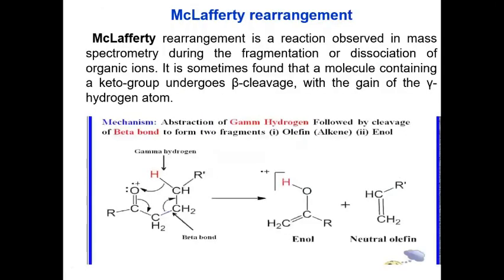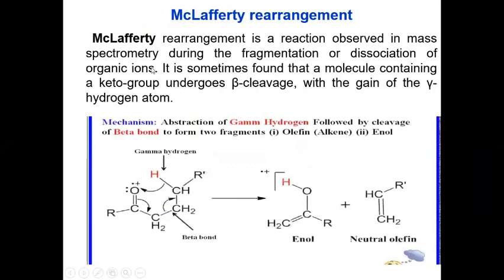Then, as I told, what is a McLafferty rearrangement? Here we will define it. Sometimes in mass spectrometry, during the fragmentation or dissociation of an organic ion, it is found that a molecule containing a keto group undergoes beta cleavage with the gain of a gamma hydrogen atom.